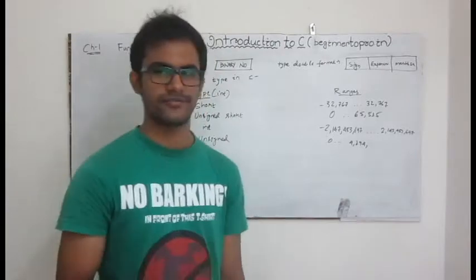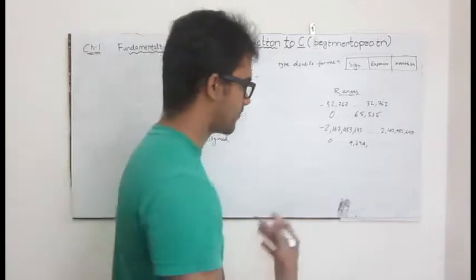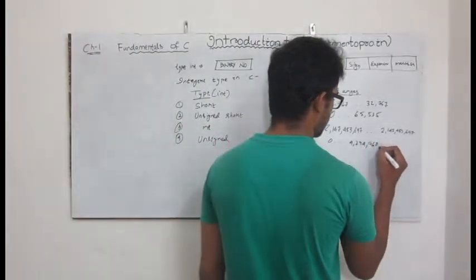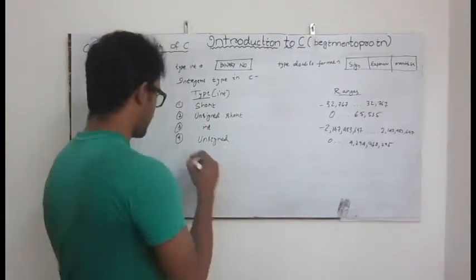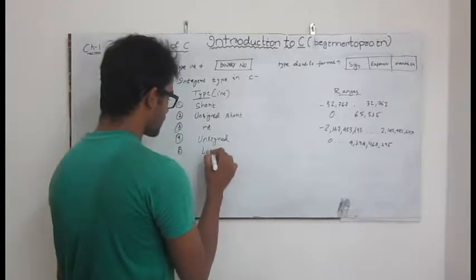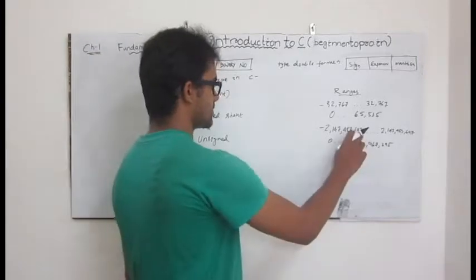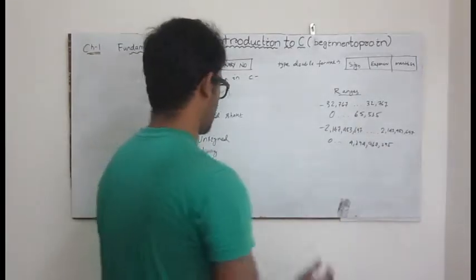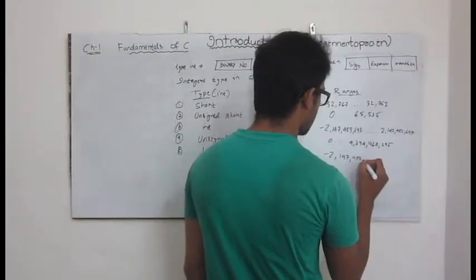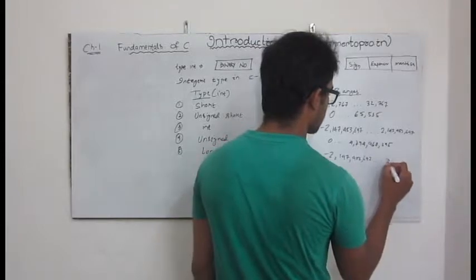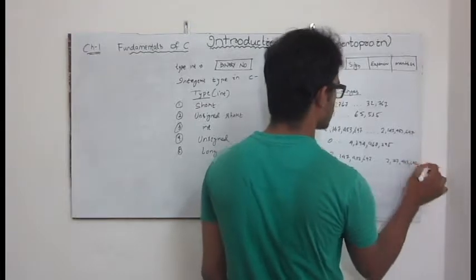Let me remember, I also forgot. 4294967295. And our next one is long integer type. The value is same as the integer only. Just put the value 2147483647.